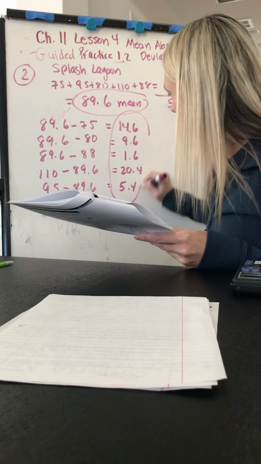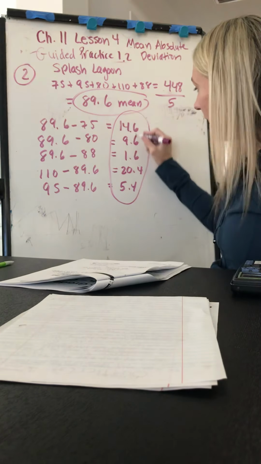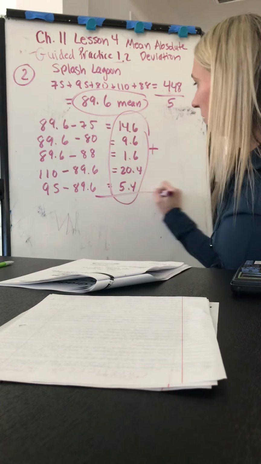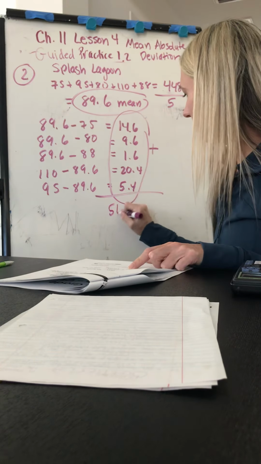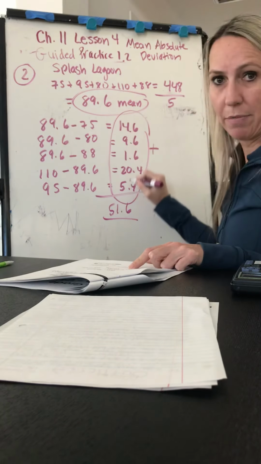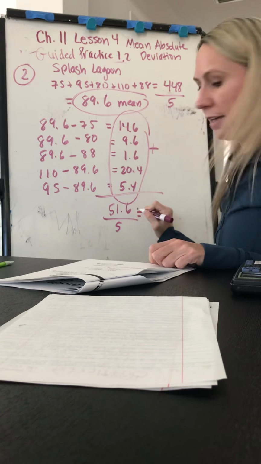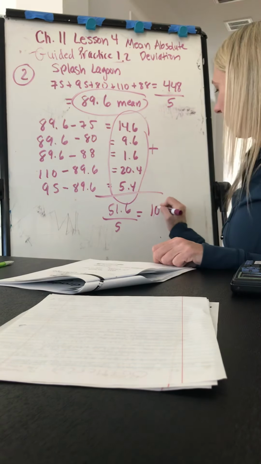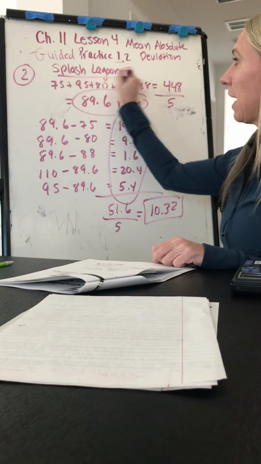Okay, so now that I have all the deviations, I'm going to find the mean of those. So I'm going to add all of these up, and I'm going to get 51.6 and I'm going to divide by how many there are, 1, 2, 3, 4, 5. And I get 10.32. And this is the one for the Splash Lagoon.